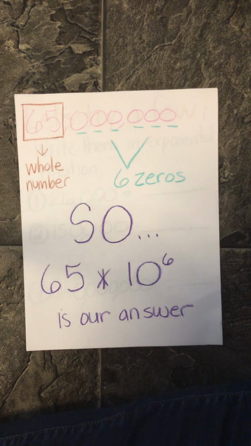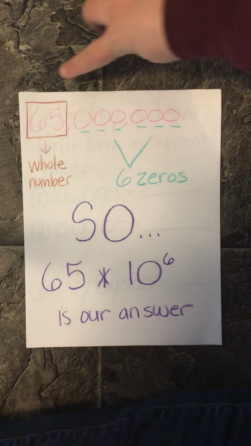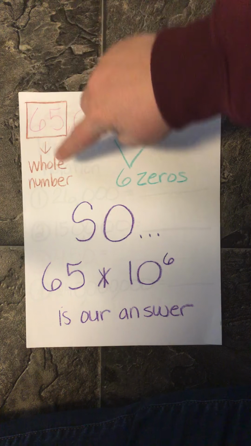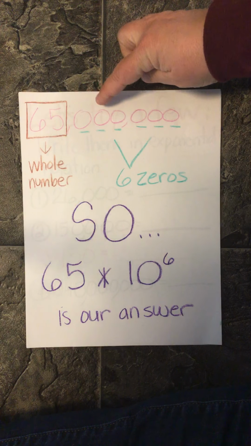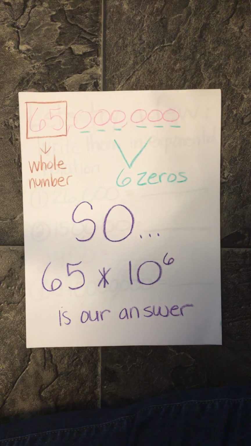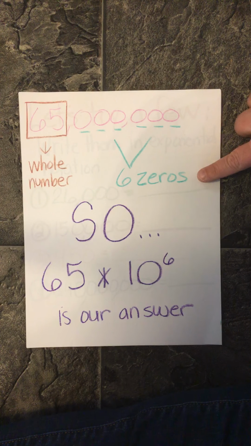So in 65 million, 65 is our whole number that we're looking at. And if I count the number of zeros in 65 million, you'll see that there are 6 zeros.